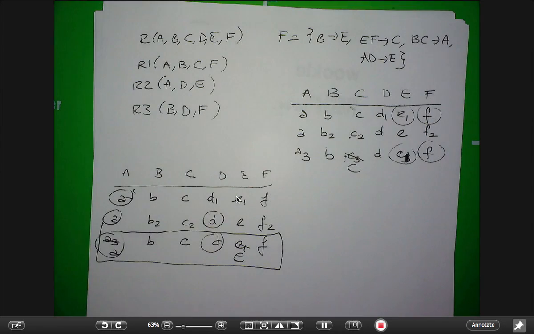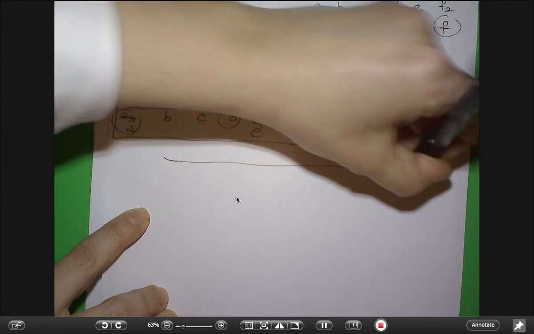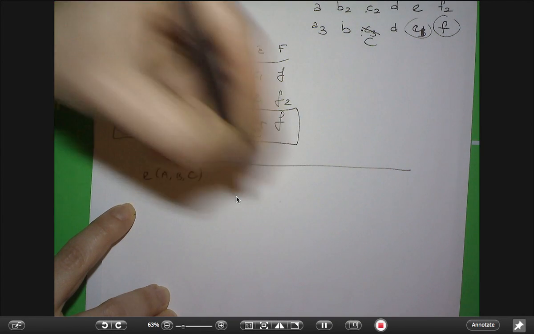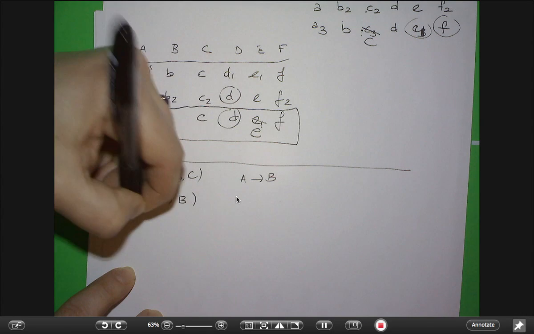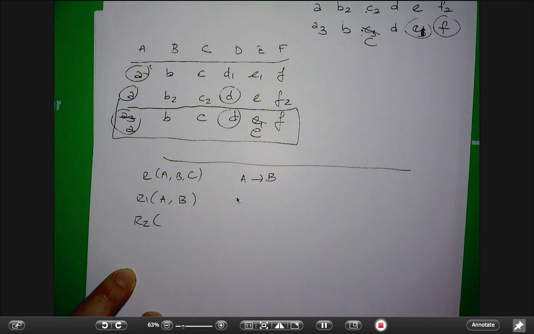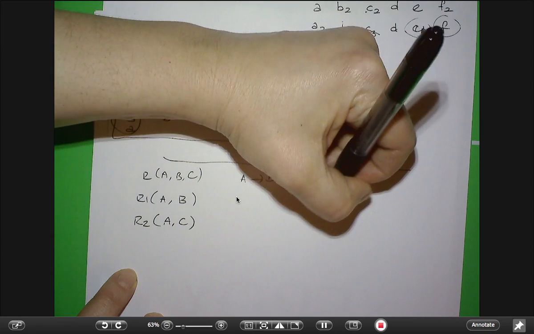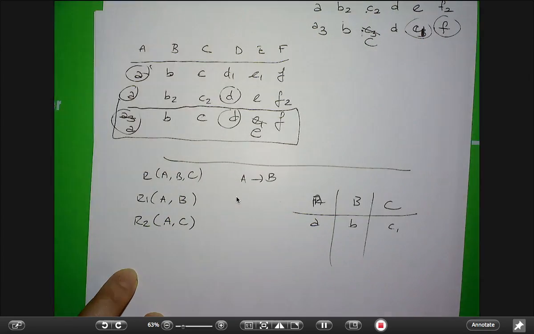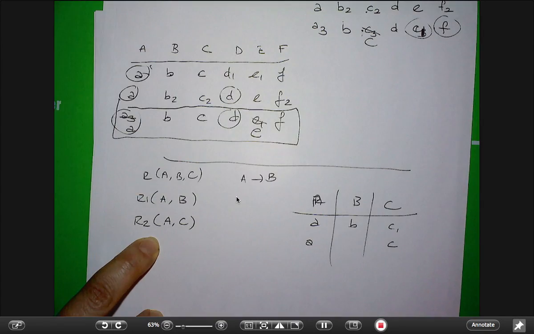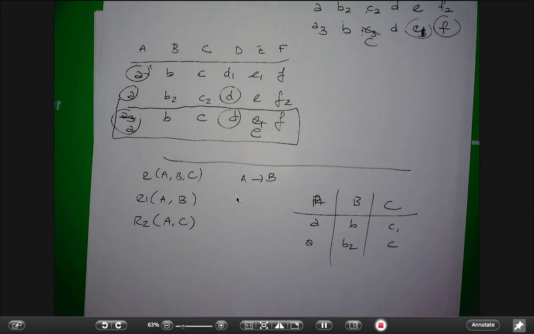So let's do a simpler example. You have A and B, but no C, and here you have A and C, but no B. When you do a join between these two, you will be doing it with respect to A, which is the common attribute.